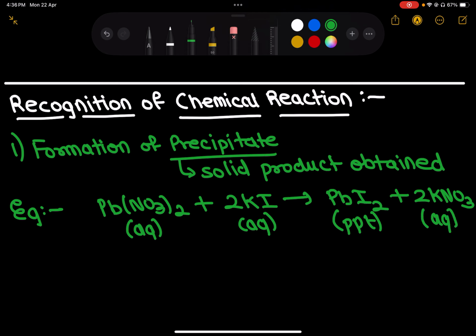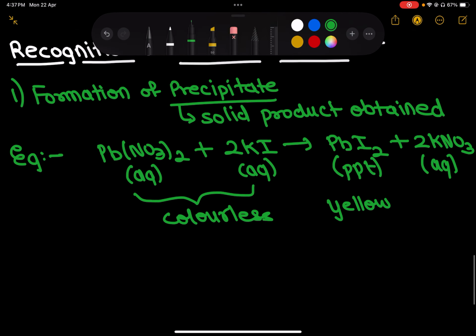The fascinating thing is that both solutions are colorless, but when they are mixed together, a yellow color is instantaneously formed, due to the formation of PbI2, lead iodide. In word form, lead nitrate reacts with potassium iodide to give lead iodide and potassium nitrate. Simple. This is the example of formation of precipitate.